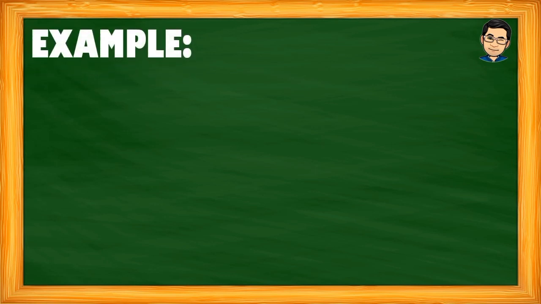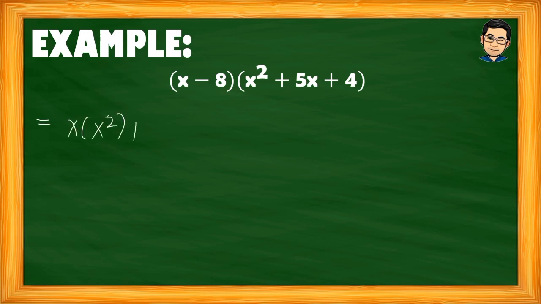So let's have example. So the quantity of x minus 8 times the quantity x squared plus 5x plus 4. So kagaya nga ng sinabi ko, i-distribute natin yung mga terms ng binomial sa kada term ng trinomial. So magiging ganito siya. So x times x squared plus x times 5x plus x times 4.